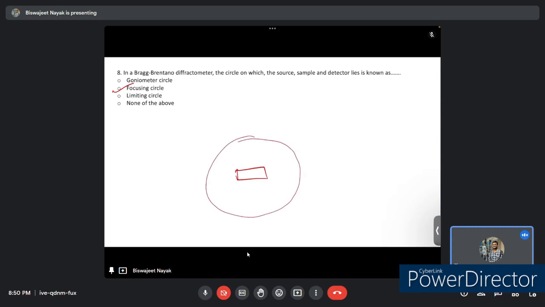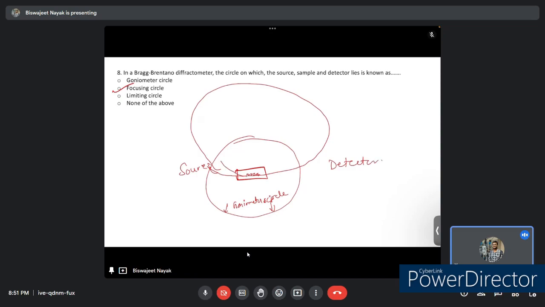Here we have a random powder mount. This is a goniometer. Here we have a source which constitutes one circle, and we have the detector here.